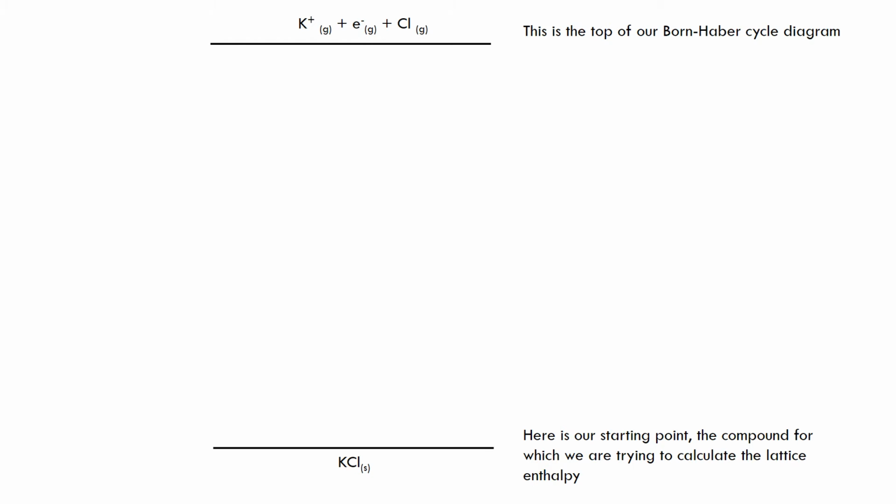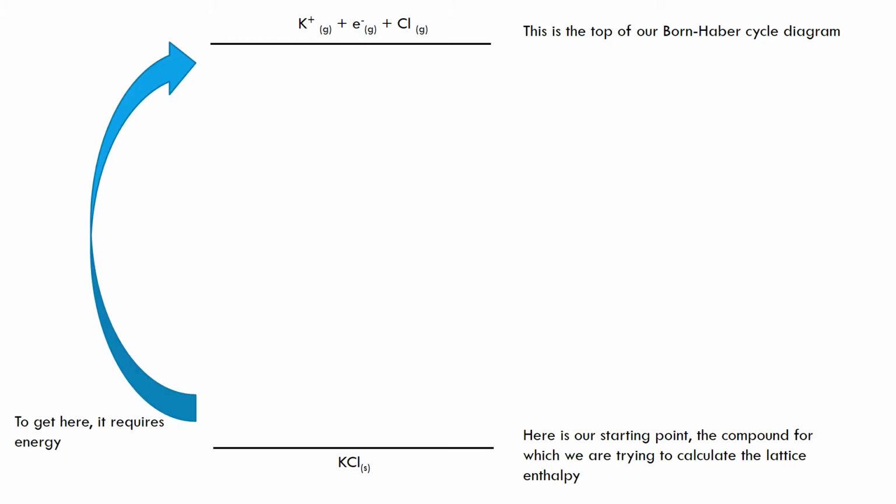The top of my Born-Haber cycle then is here potassium, an electron, and chlorine. And to get up to that top point of my Born-Haber cycle, it requires energy. We've got to put energy in to break the lattice up.